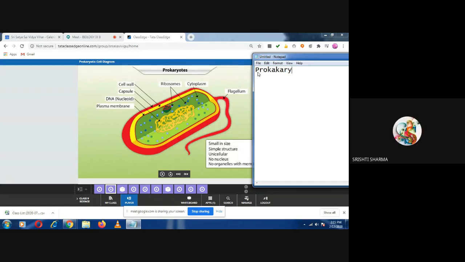Yes, ma'am. Okay, so prokaryotic cell. You'll find this word is derived from two words, and what is that? Pro and karyotic. Pro means before or primitive.